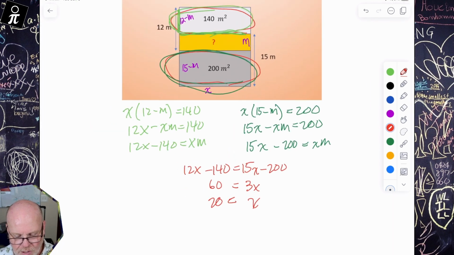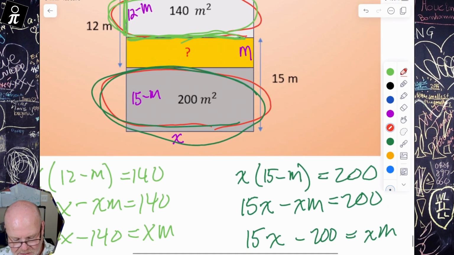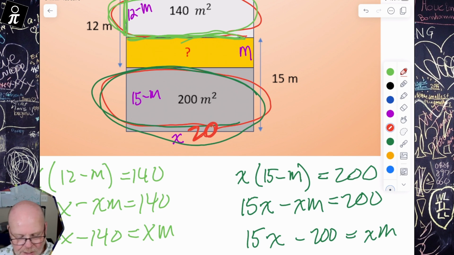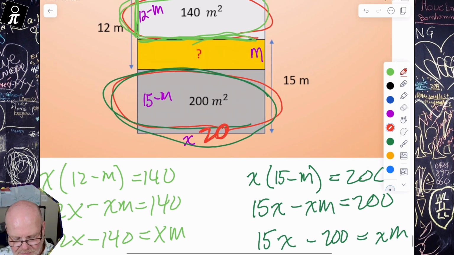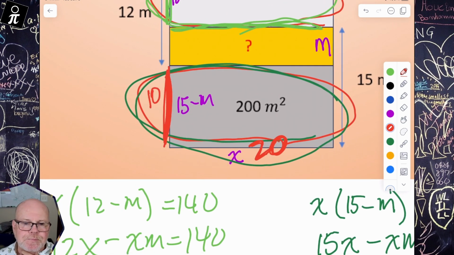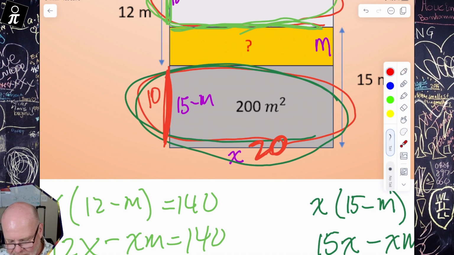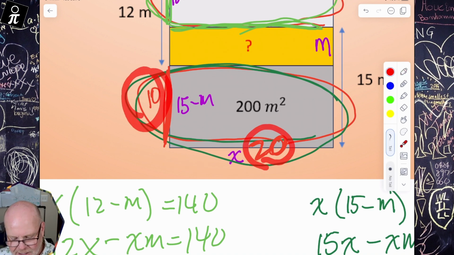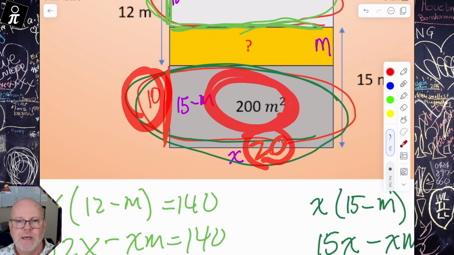So now we know that x is 20. Well, if x is 20, that means this height right here has to be 10. We know it has to be 10 because that's how you're going to get 20 times 10 equal to an area of 200.